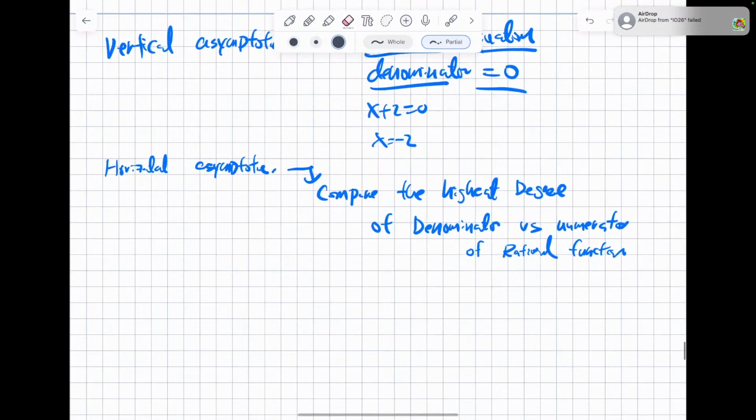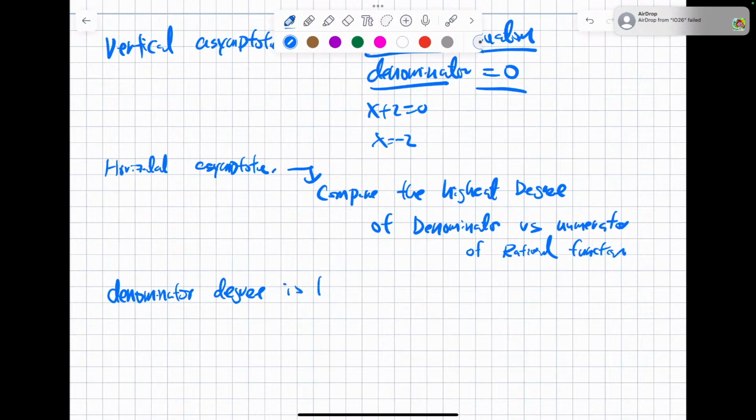So the degree: if the denominator degree is larger than the numerator, then y equals 0 is your horizontal asymptote.